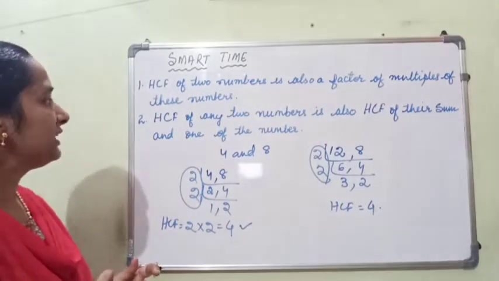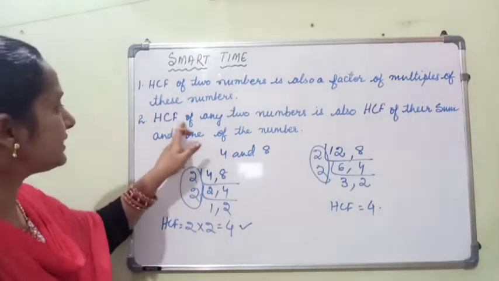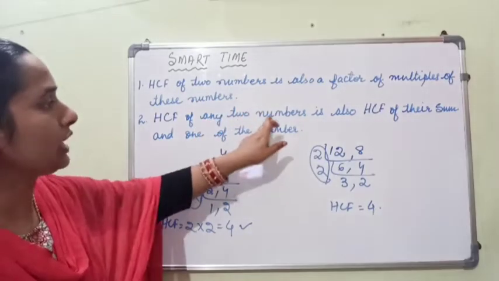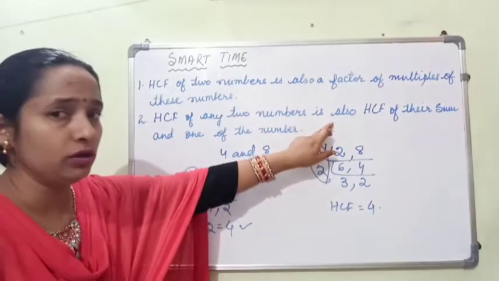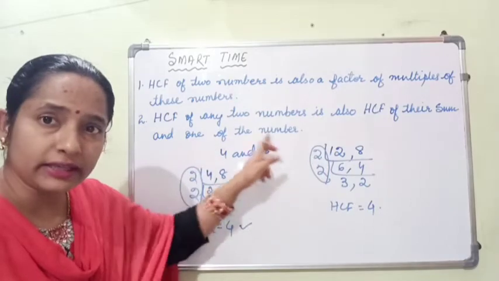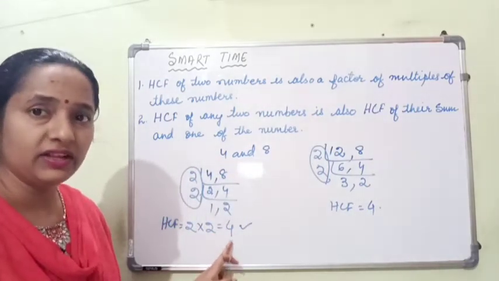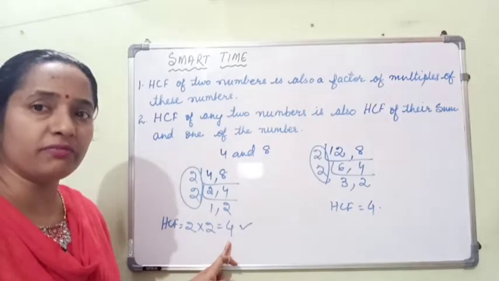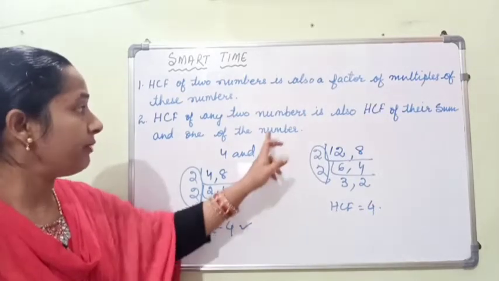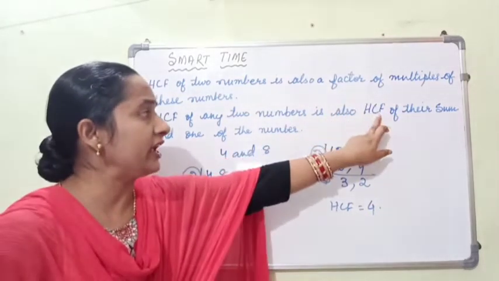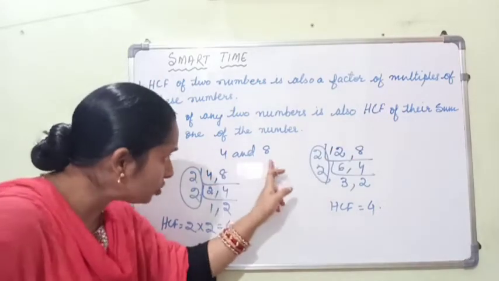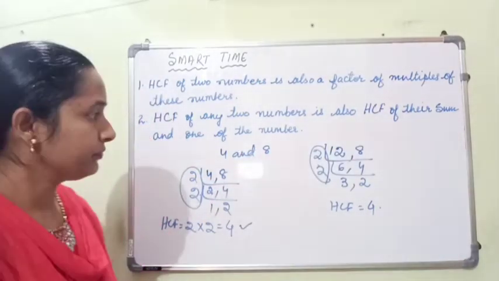So what does the second fact tell us? When you take the HCF of any two numbers, the same HCF can be found by finding the HCF of the sum of these two numbers and any one of the numbers.